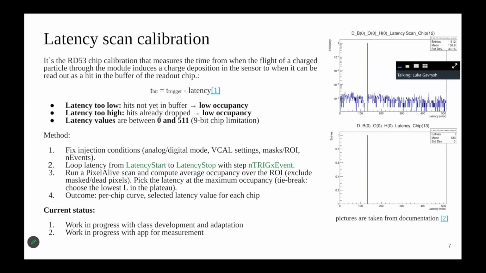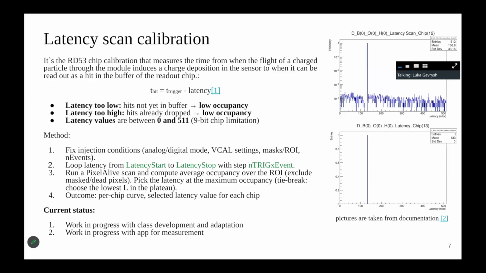We compute the average occupancy in the ROI for each chip, ignoring masks and dead pixels, and record the point. Then, for the outcome, we get the latency for each chip by picking the maximum occupancy. If there's a plateau, pick the lowest latency within the plateau, basically.